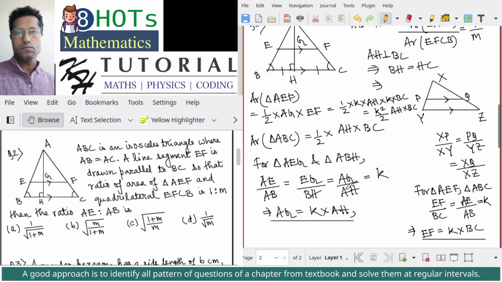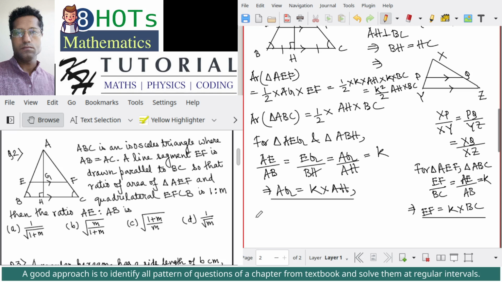This is the area of triangle AEF, and the area of triangle ABC is half AH into BC. So what is the area of the quadrilateral EFCB? It is the area of the bigger triangle ABC minus the area of triangle AEF.